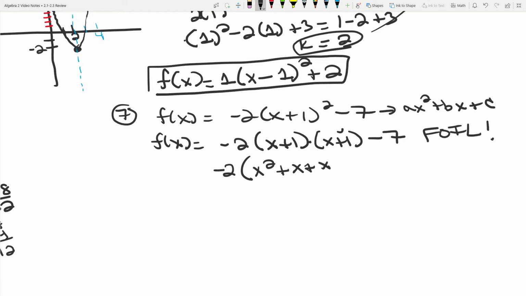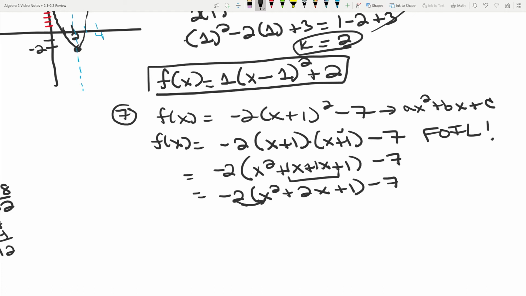And lastly, 1 times 1 is positive 1. Now minus 7. So now we're done with the foiling. Now we're going to distribute. Actually, before we distribute, let's combine the like terms here. So we got negative 2 times x squared. This is a 1x, this is a 1x, so we got a total of 2 x's here.